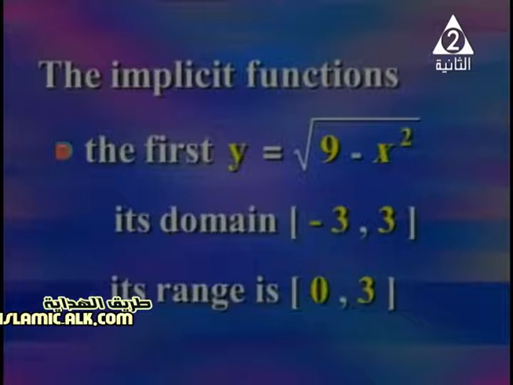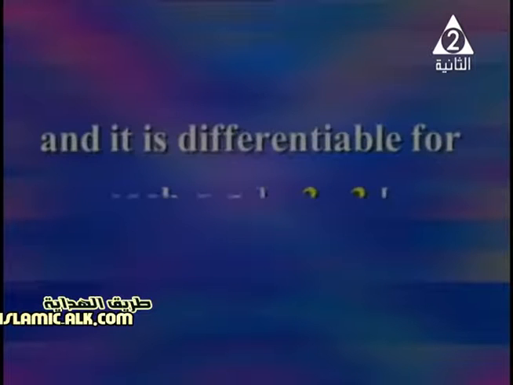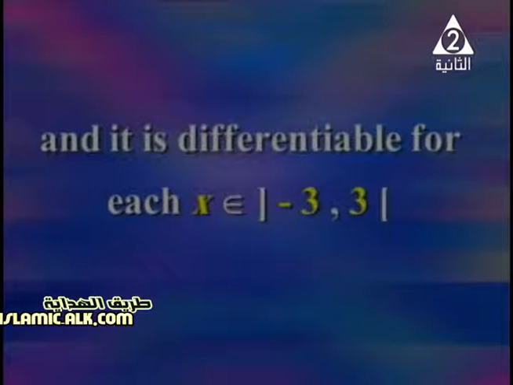The smallest value is 0. The maximum value is 3. But y is differentiable for x belonging to the open interval negative 3, 3. Why? Because when x equals negative 3, the function equals 0, and x equals 3 also gives 0.